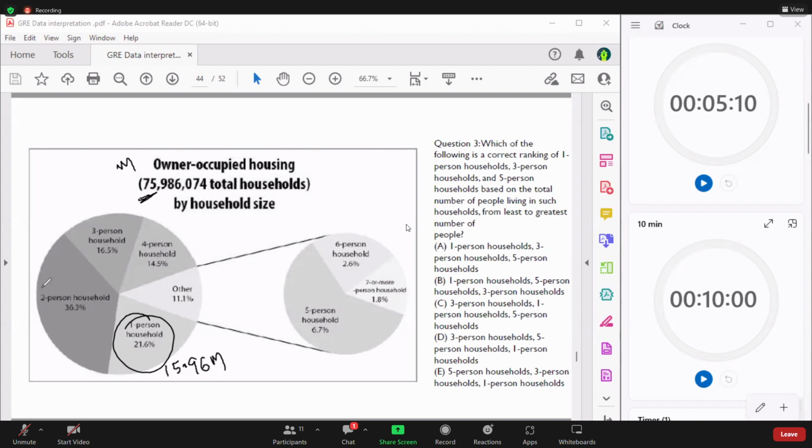Okay, so 3-person household, it is 16.5% of this. First we calculate the number of households with 3 people living in it. 16.5% of 76 is basically 12.54 million households, and into 3 would be around 37.62 million people.